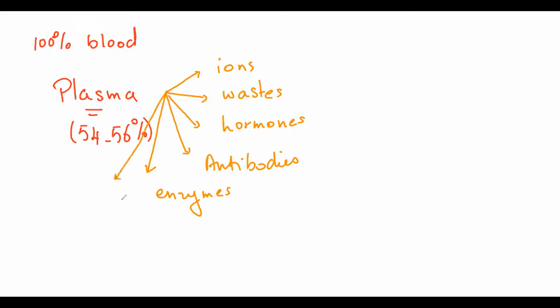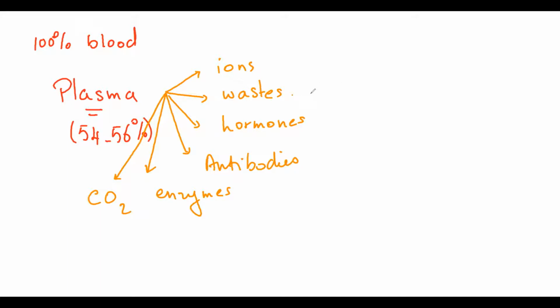Also, the plasma transports a part of the carbon dioxide. Always we say that plasma transports all the materials, but not carbon dioxide. Carbon dioxide is transported by red blood cells. No, a part of the carbon dioxide is transported in the plasma.